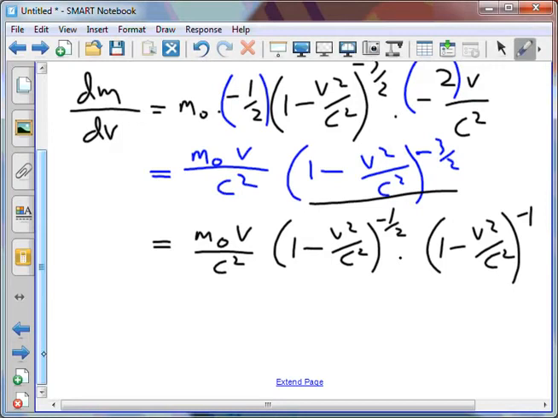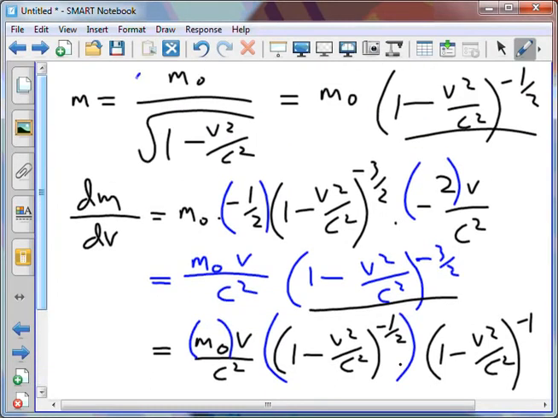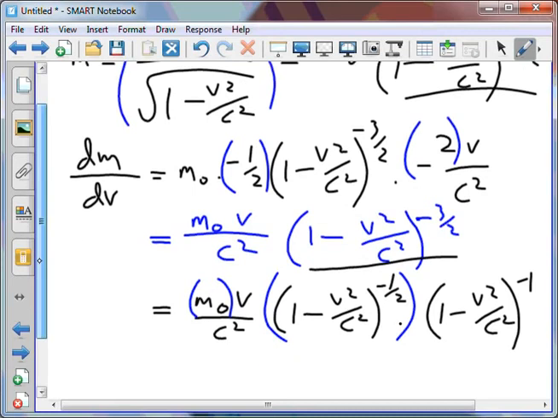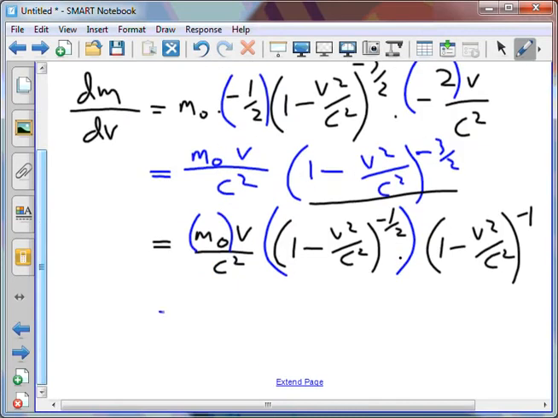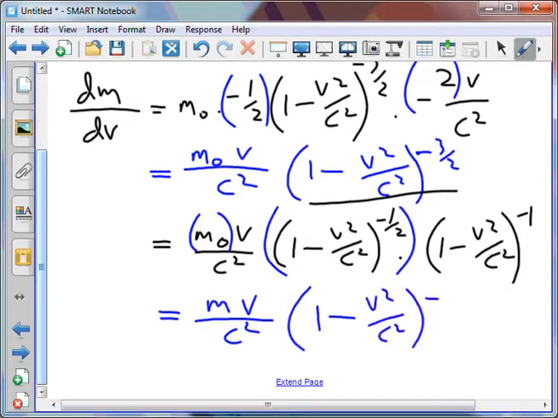And the thing is that this multiplied by this looks exactly the same as this. And so I could replace all of that with mv/c², 1 minus v²/c² minus 1.